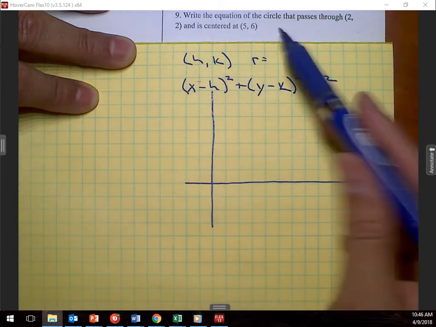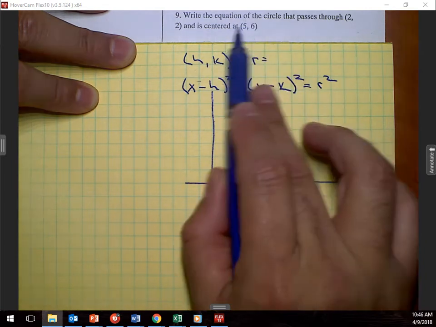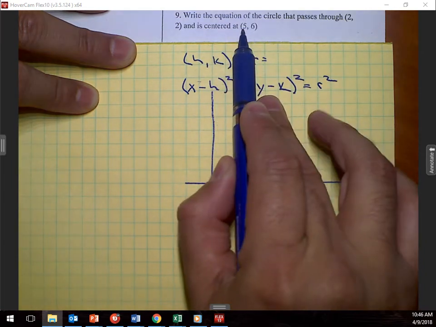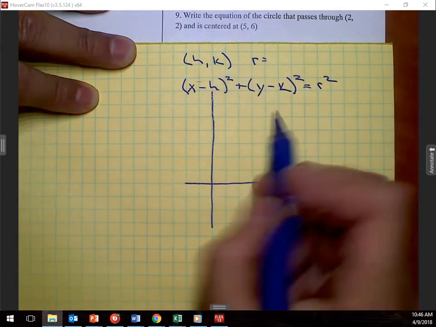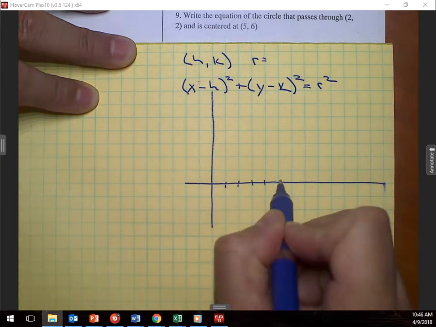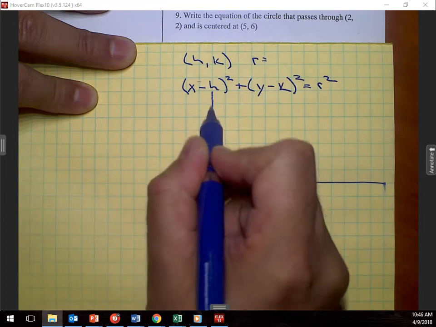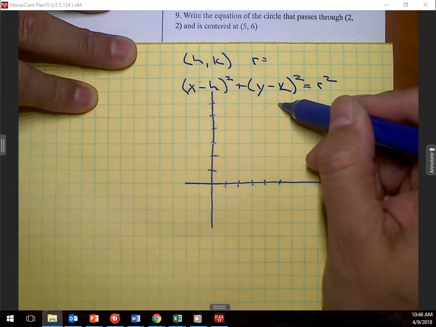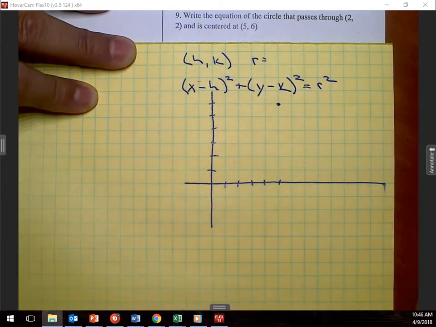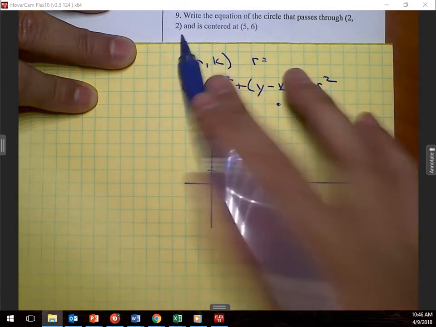So right here, centered at 5, 6: 1, 2, 3, 4, 5, 1, 2, 3, 4, 5, 6. So I'm going to have a point right here, and the circle passes through 2, 2.